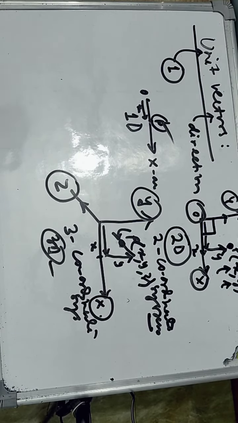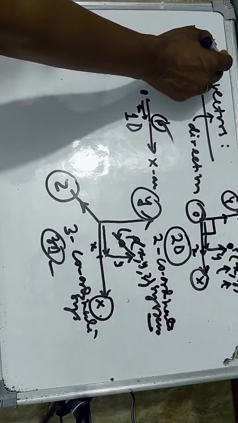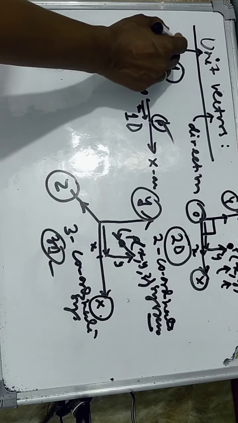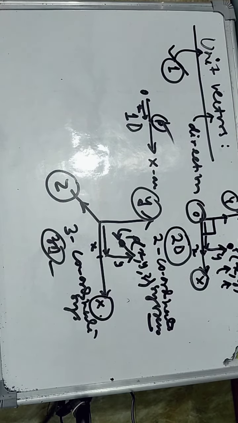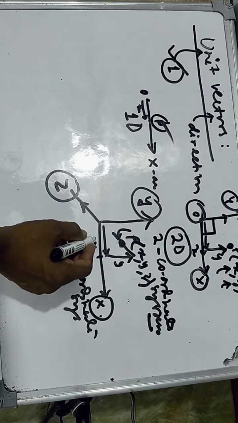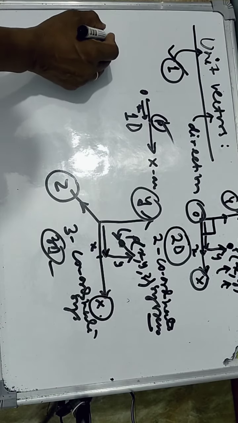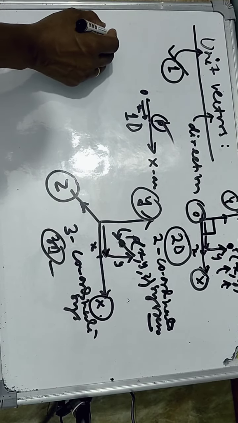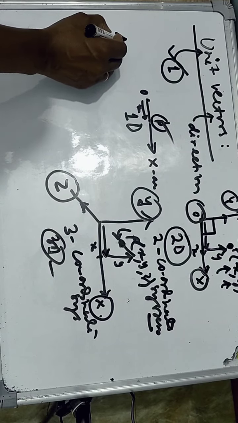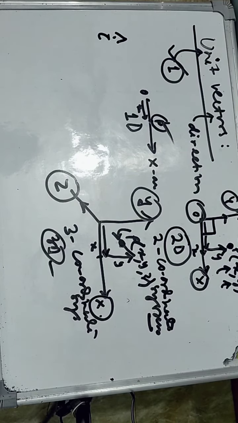Now, as we told, unit vector has magnitude 1. Any vector along x with magnitude 1, we'll say it is I vector and it will be represented with a cap over it.